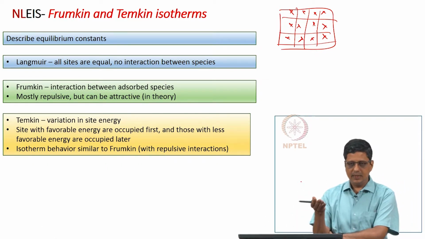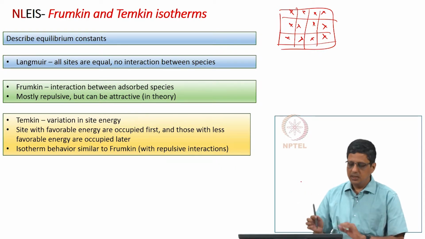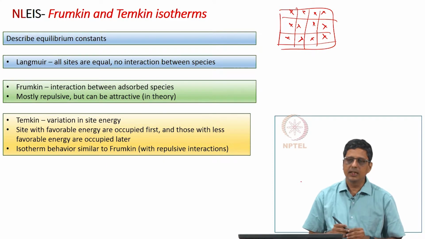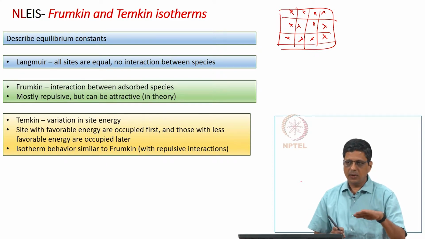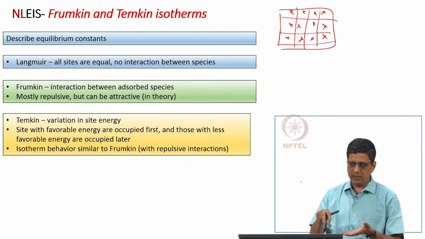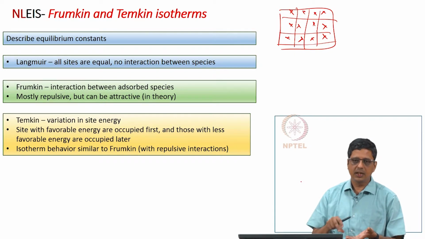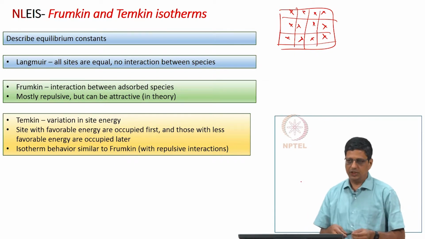In certain sites it is easier to adsorb, in certain sites it is harder, and whichever is harder occurs later. The Temkin adsorption isotherm assumes that all the sites are not equal and there is a variation in the site quality, while the Frumkin adsorption isotherm assumes all sites are equal in the beginning, and when an adsorbed species is present in one place, the probability of adsorption right next to it is changed.